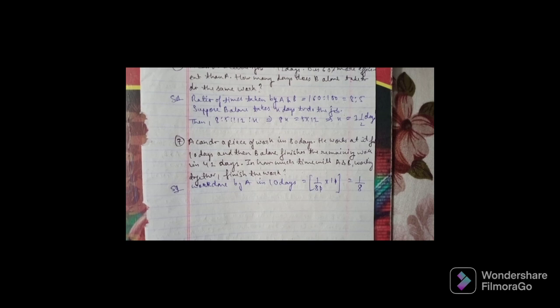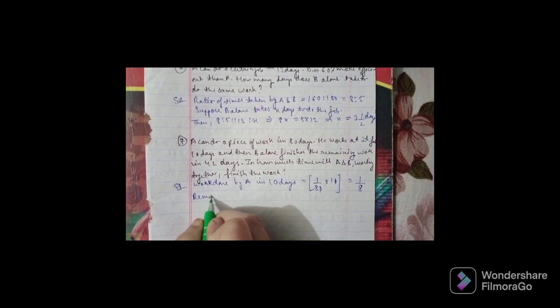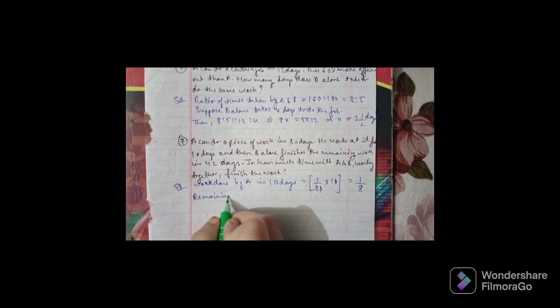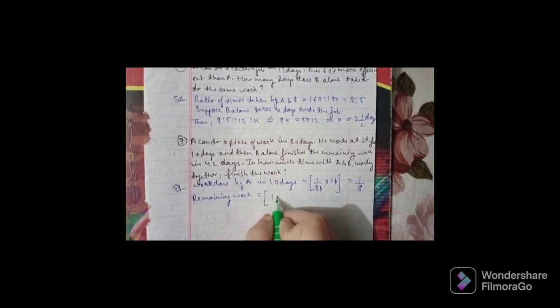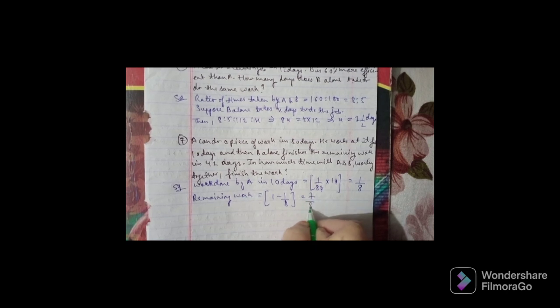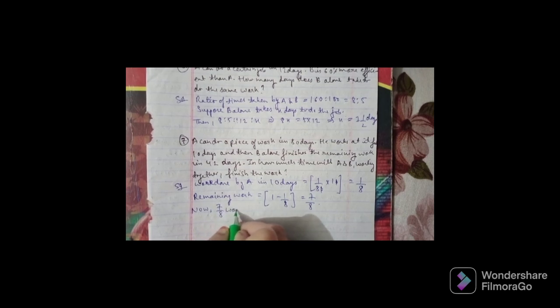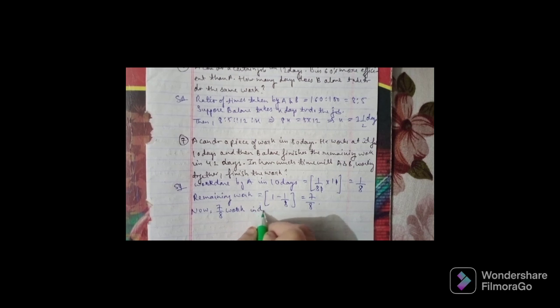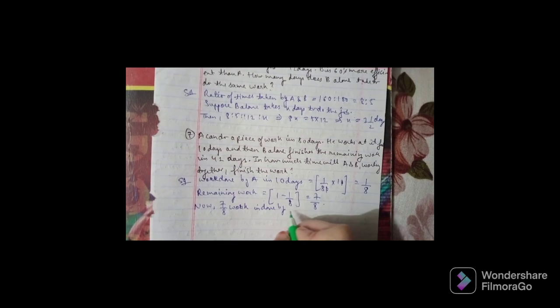So remaining work equals 1 minus 1 by 8, that is 7 by 8. Now 7 by 8 work is done by B in 42 days.